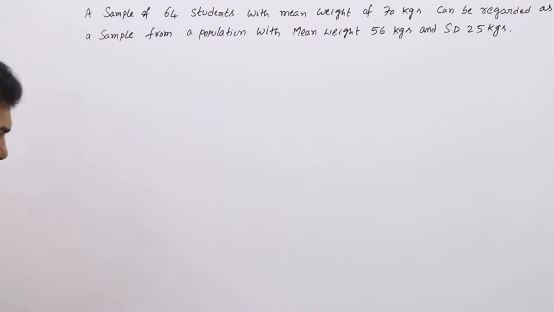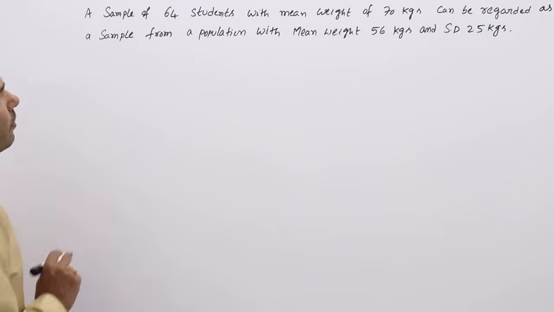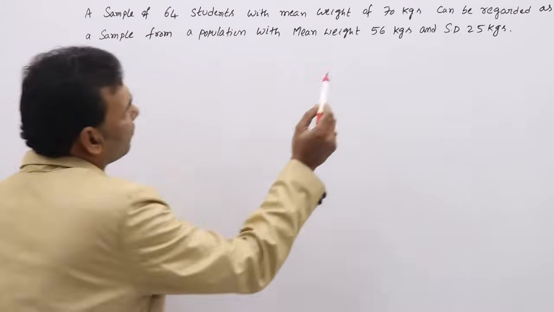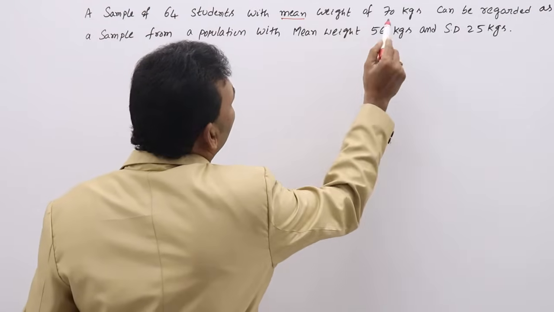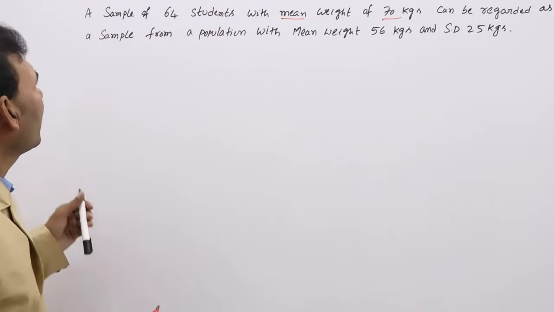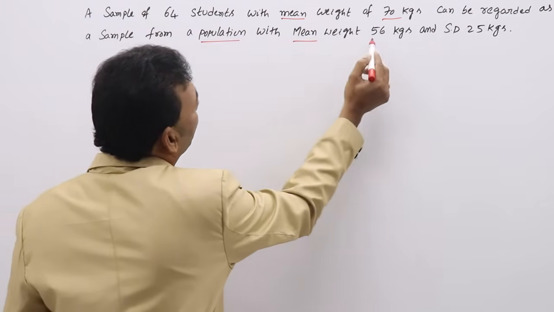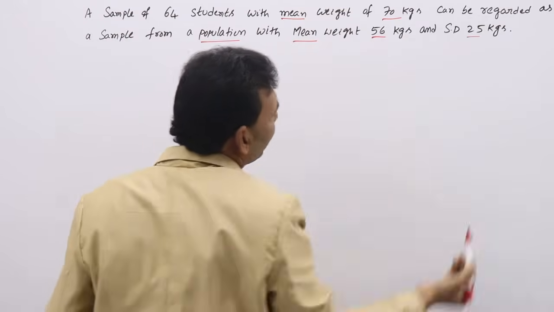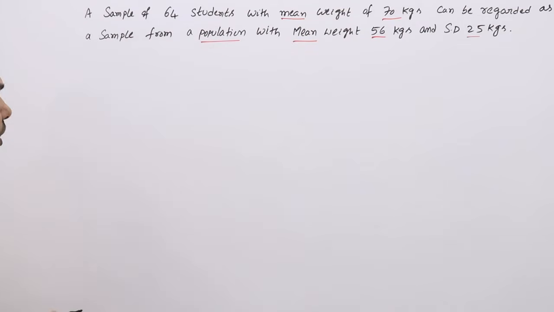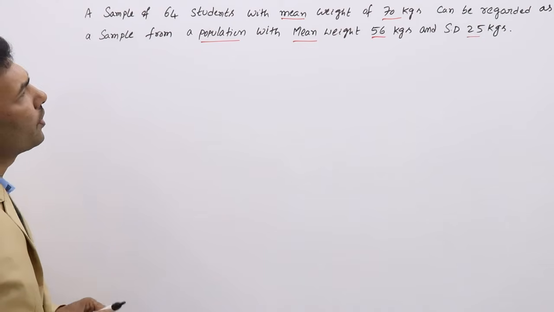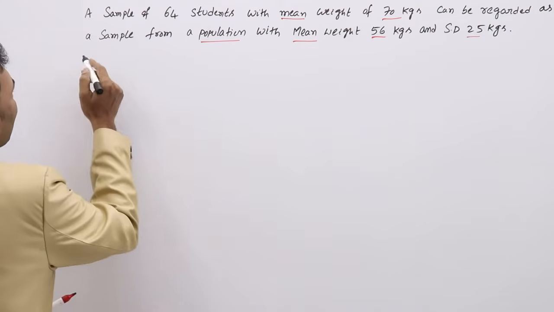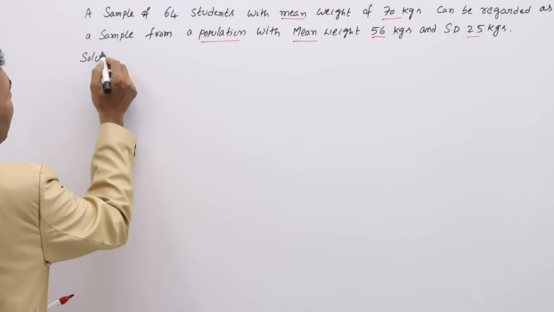A sample of 64 students with mean weight of 70 kgs is regarded as a sample from a population with mean of 56 kgs with SD 25. So now here we need to test single mean.